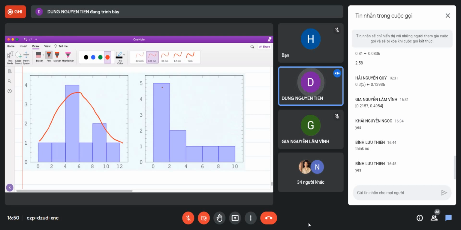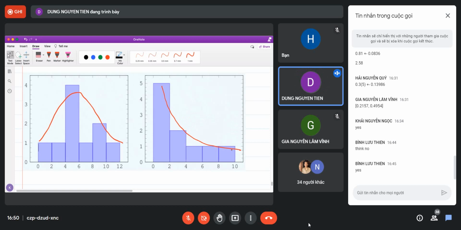For the second one, you have a look at this, and this is the curve we get, and obviously it is not a normal distribution. In fact, it looks very similar to an exponential distribution. All right, so this is not normal.